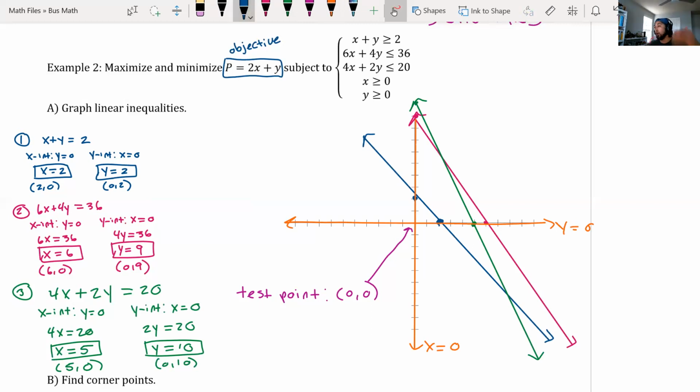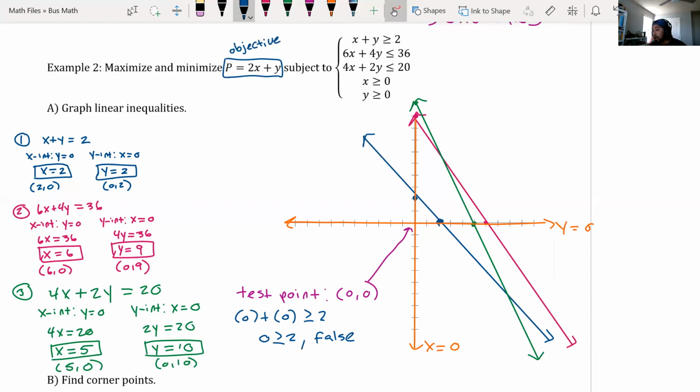Okay, so our test point (0, 0). So we tested in all 3 functions. So I'll use the same colors for the same functions. So (0, 0) is going into, actually, I'll just plug it in here. You get 0 plus 0 greater than or equal to 2. And you get 0 greater than or equal to 2, which is false.